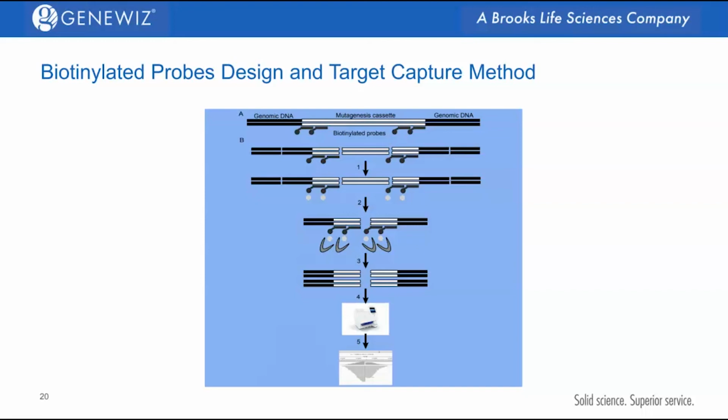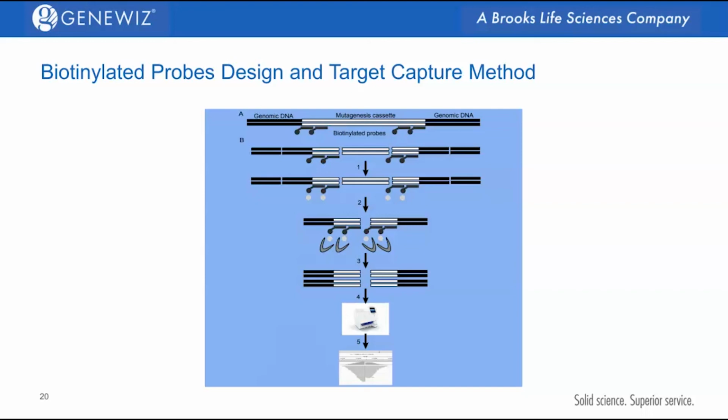So what we did was, towards the border of the mutagenesis cassette, spanning over 240 base pairs, we designed biotinylated probes. And as you can see in B, when you prepare your sequencing library, you are fragmenting the genome of the strain into small fragments, let's say 300 base pairs or 150 base pairs or 400 base pairs.